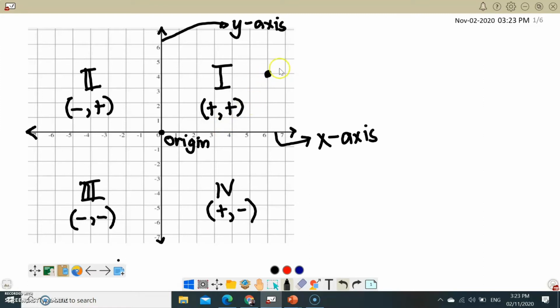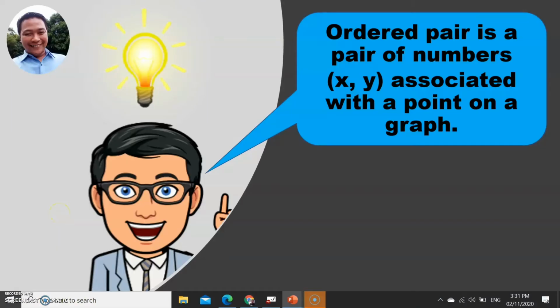So every point in the coordinate plane can be described by an ordered pair. Anyways, what is an ordered pair? An ordered pair is a pair of numbers (x, y) associated with a point on a graph.